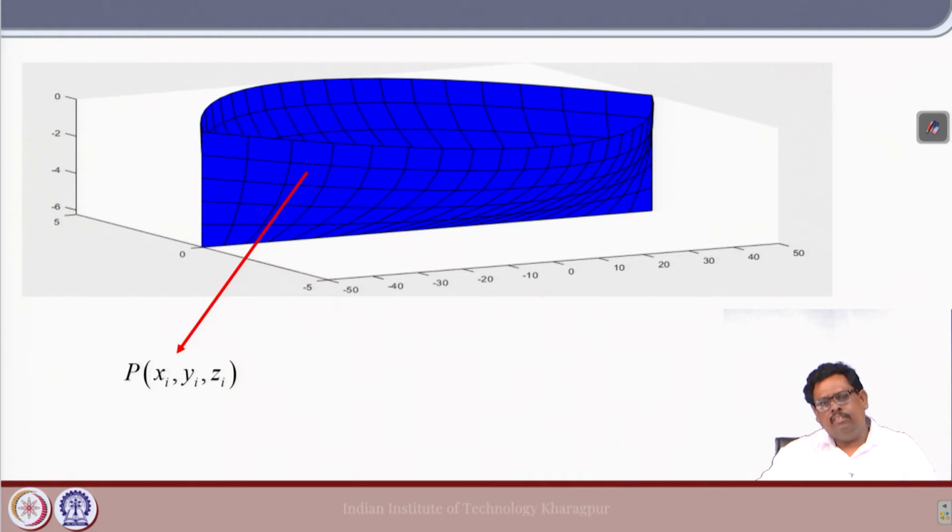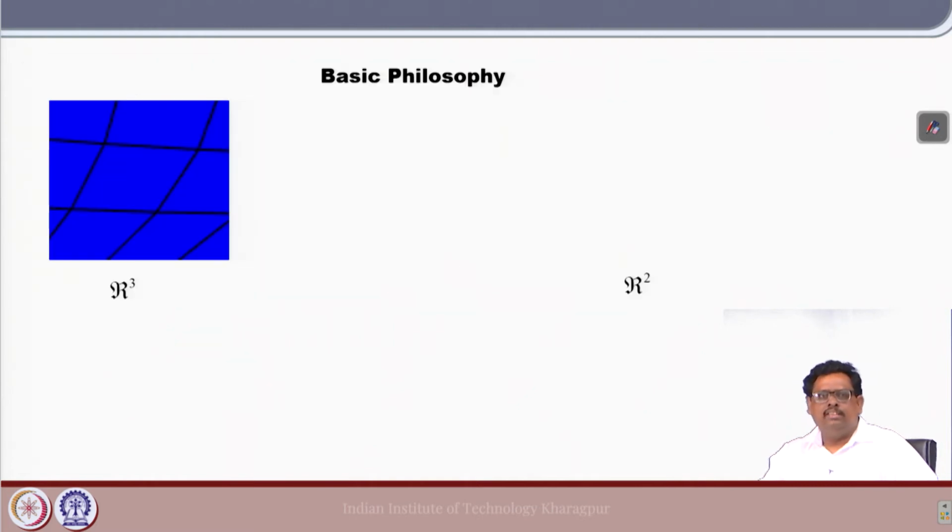Now, the Gauss quadrature rule needs a 2D point, because it says integration from -1 to +1 for the x direction and -1 to +1 for the y direction. So, the basic philosophy is as follows.